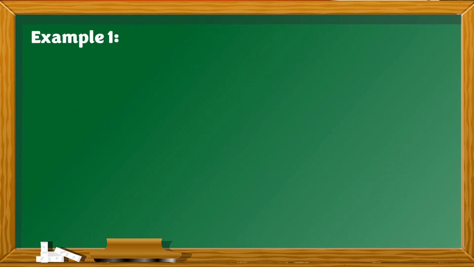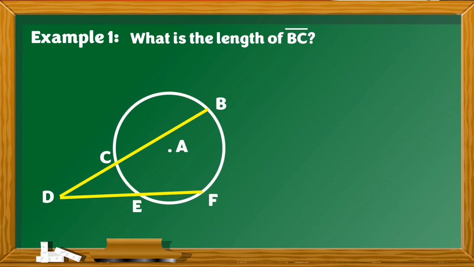Let's have now example number 1, applying the theorem on segments of secants. What is the length of line segment BC? We have here circle A, and line segment DB is a secant line, and line segment DF is also a secant line.